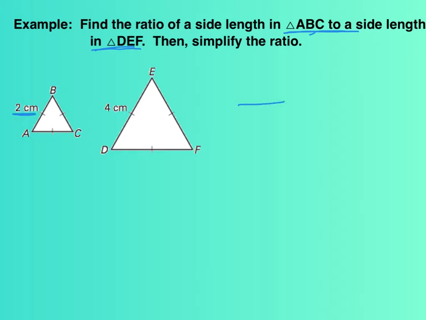So in the ratio, ABC would go on top, so 2, and DEF is second, so on the bottom, and DEF is 4, so I'd have 4 centimeters. So really it's a ratio of 2 centimeters to 4 centimeters, which means the ratio is truly just simply 1/2, all right? And remember, the centimeters would divide out, so ratios will not have any labels.